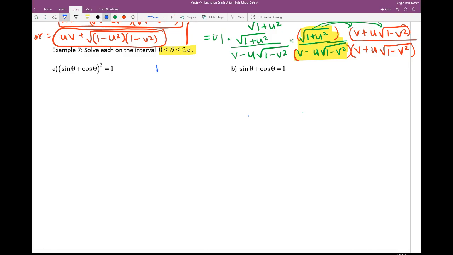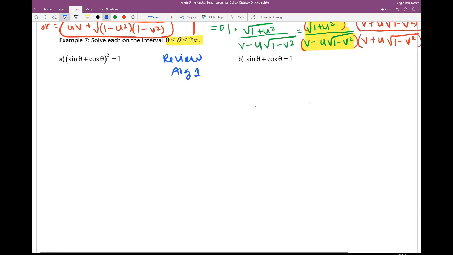Let's review a little bit from Algebra 1. What if I said x squared equals 9? What is x?